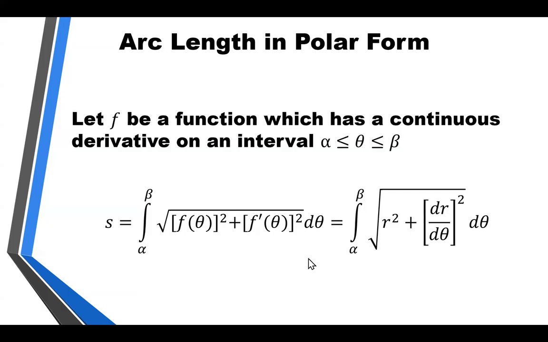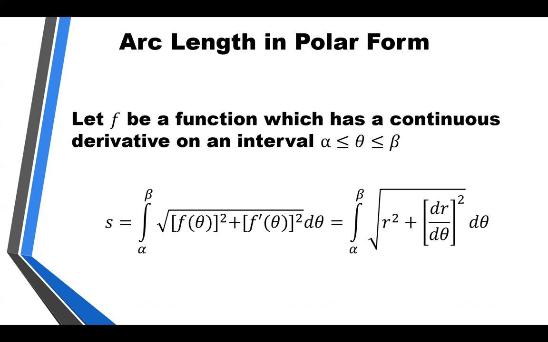Again, the formula looks very similar to our other arc length formulas that we've looked at before. We've looked at arc length in parametric. We've looked at arc length in rectangular. And arc length in polar is similar but different. And you could imagine what we're doing here.